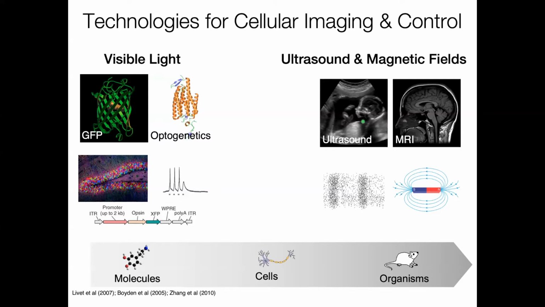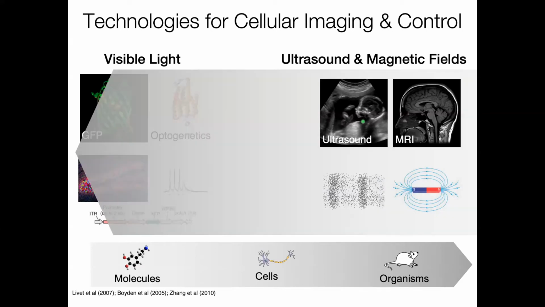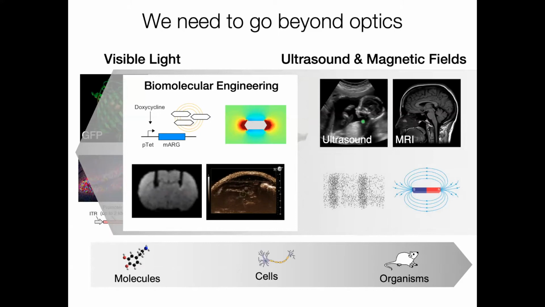And so that's the gap that we're trying to bridge. And the way we approach that in our lab is through biomolecular engineering, meaning that we find, we evolve, we engineer proteins and other genetically encodable materials that instead of interacting with light, can interact with sound waves and magnetic fields.